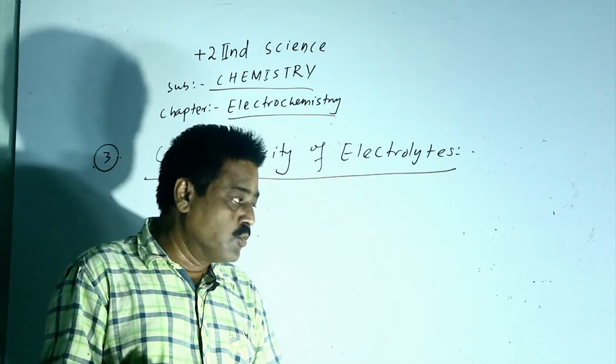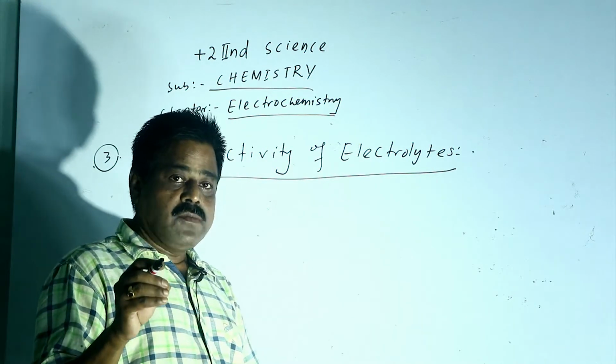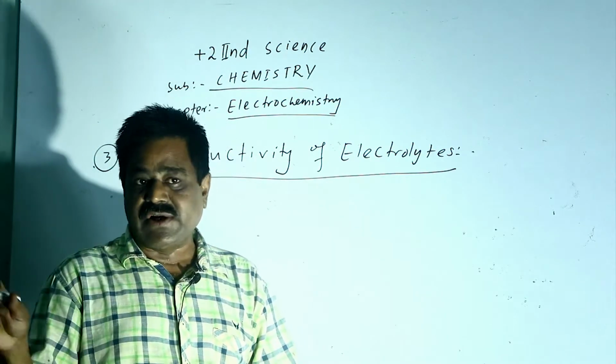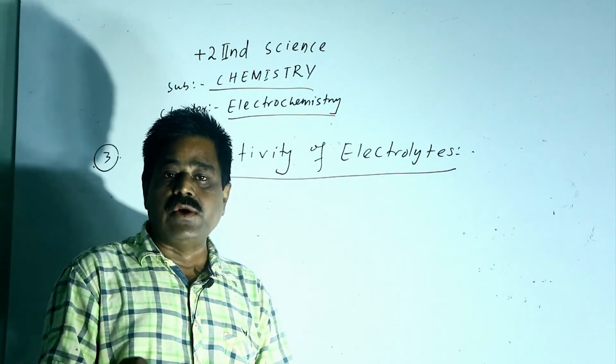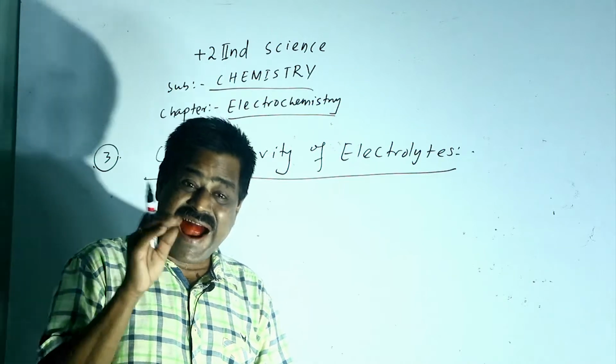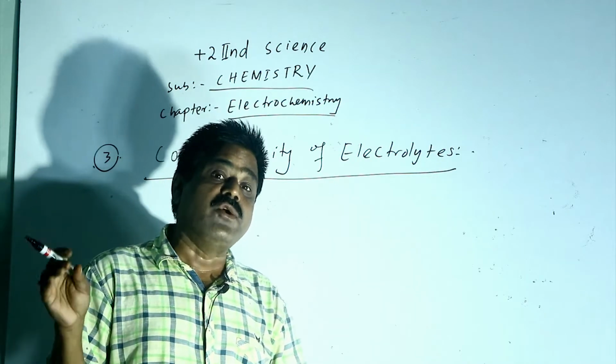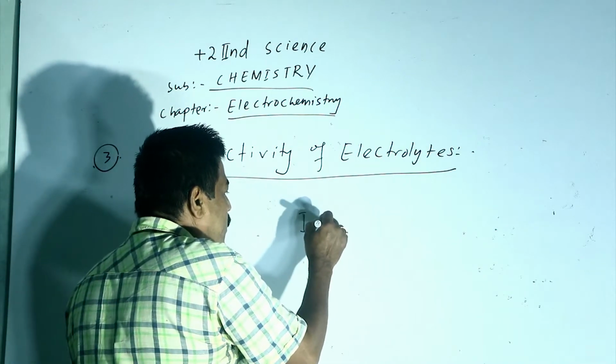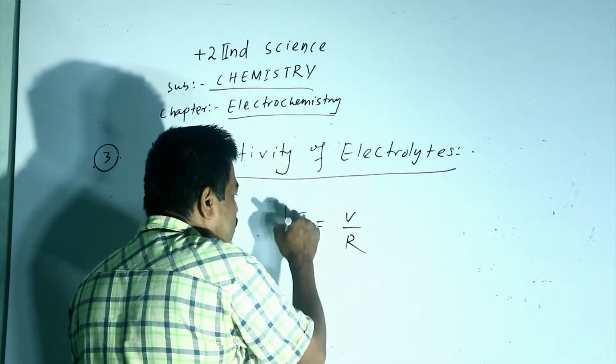And what is that? Ohm's law says the strength of the current in a conductor is directly proportional to potential difference and inversely proportional to its resistance. That is, I is equal to V by R. This is the Ohm's law.